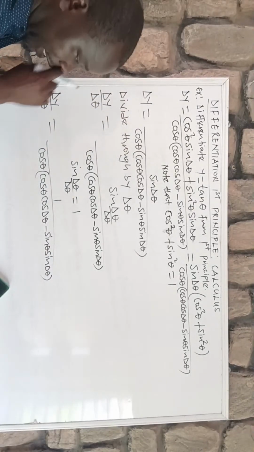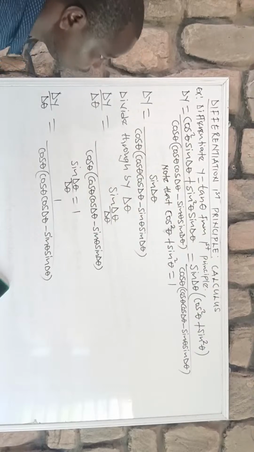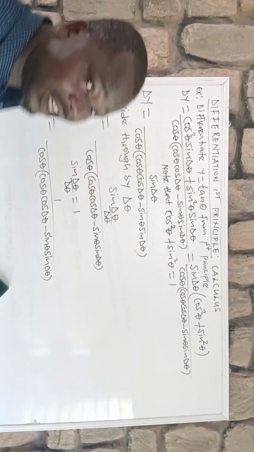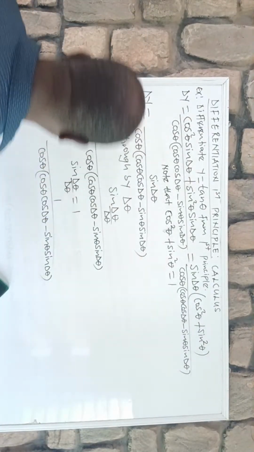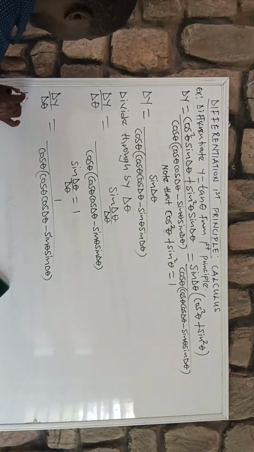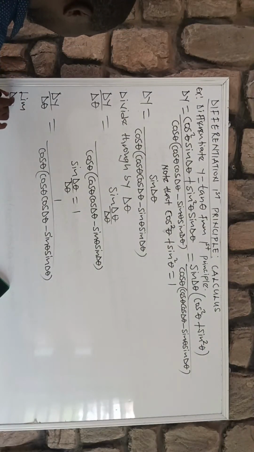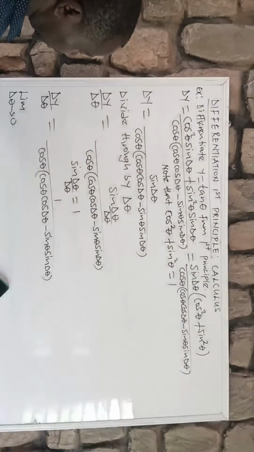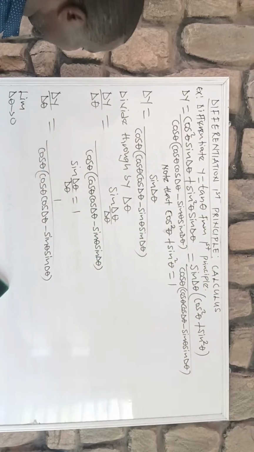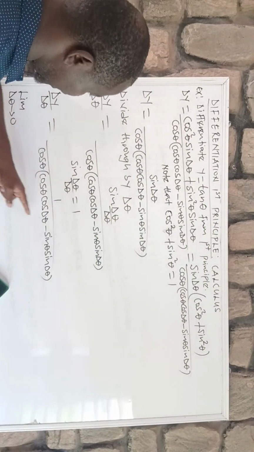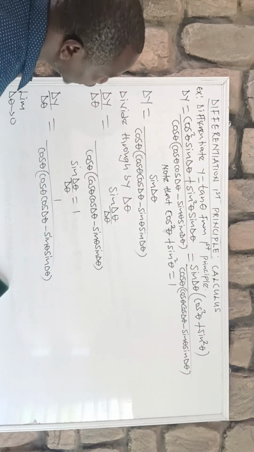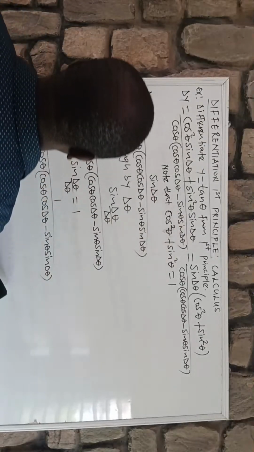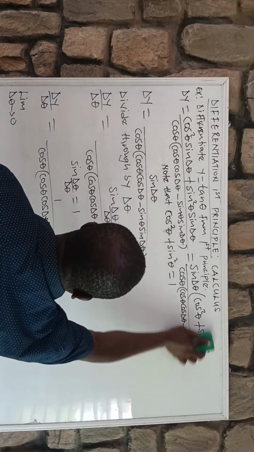So far so good. At this point we are going to introduce what is called limits. As limit the theta tends to 0, it means anywhere you see the theta, you write 0.